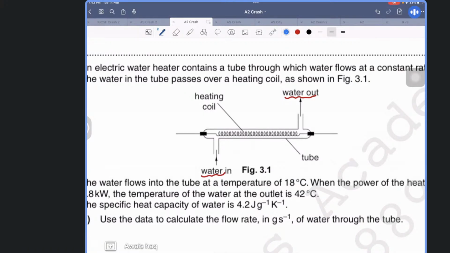So let's suppose that water in was at T1 and water out was coming out at T2. When we repeat, we must keep T1 and T2 temperatures constant. So that's something important.